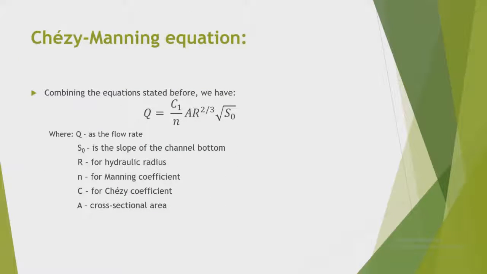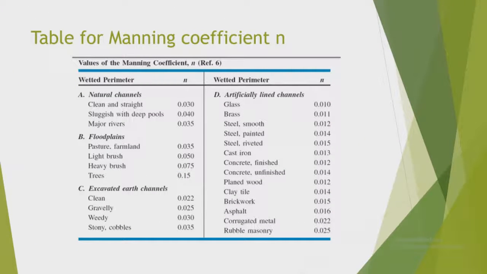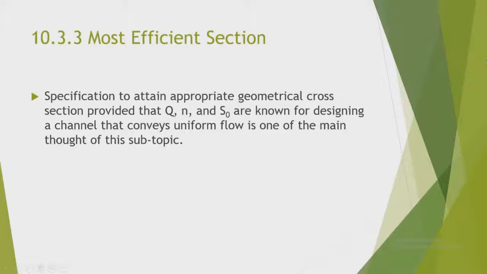Combining the equations stated before, we have Q equals C sub 1 over N multiplied by A times R raised to 2/3 times square root of S sub 0, where Q is the flow rate, and so on and so forth. So here's the table for Manning coefficient N.